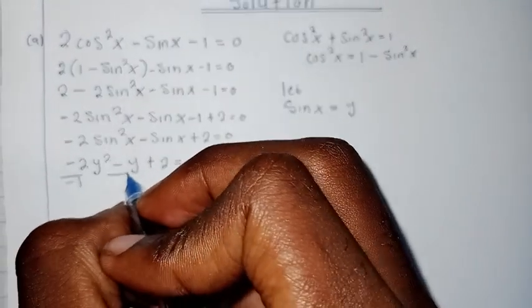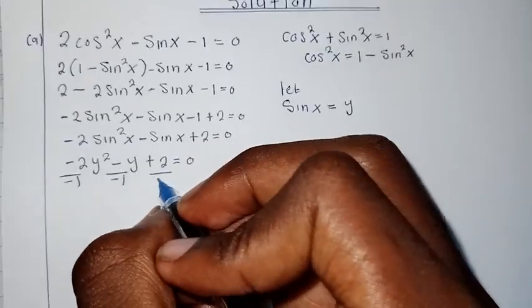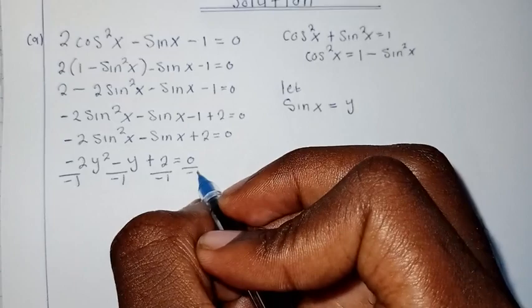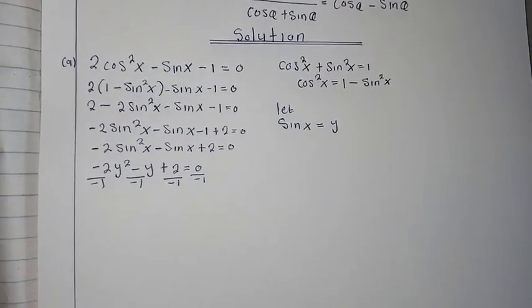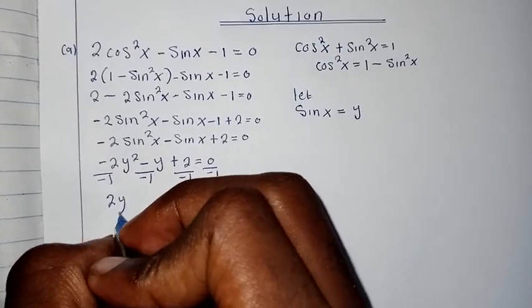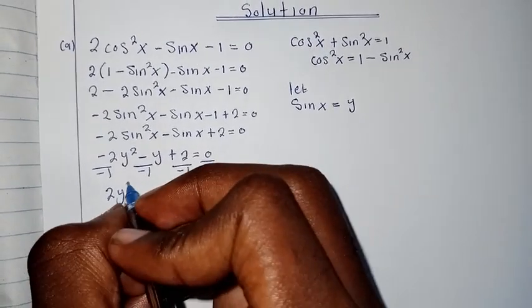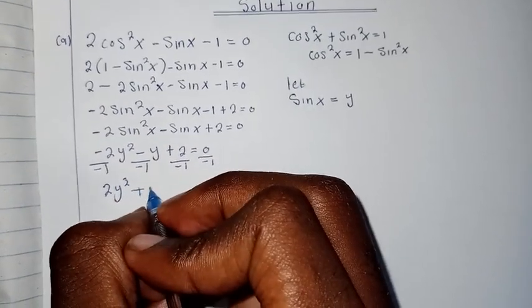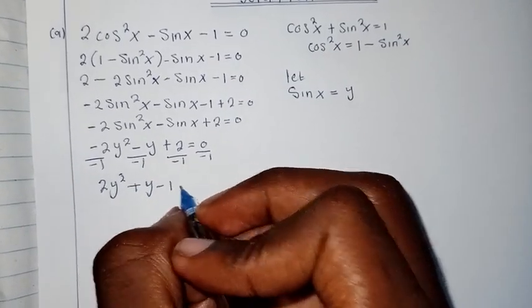Divide by negative 1 throughout so that you can have a positive here and a positive here, a negative here, and a 0 here.